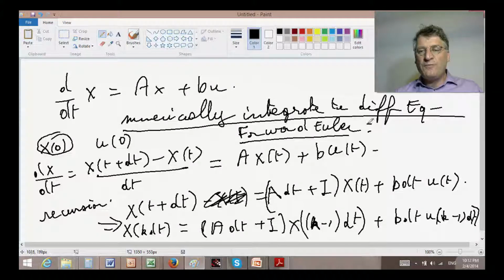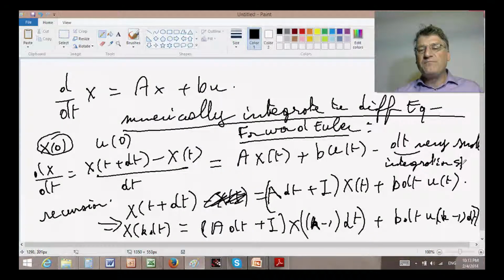But for practical purposes, if you want to integrate a differential equation yourself, as opposed to calling a routine from MATLAB, you can use forward Euler, just pick dt very small. It's like the integration step.